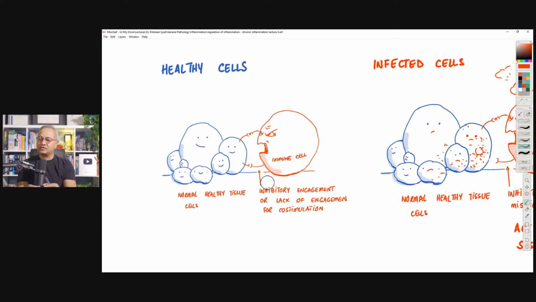This is like if somebody is coming to attack you and it's a robot, and the robot comes and holds you, and before it attacks you, you bring your finger out and you turn the robot off. Now you have given it an inhibitory signal and the robot is off. That is the normal behavior of a healthy tissue's interaction with the immune cell.